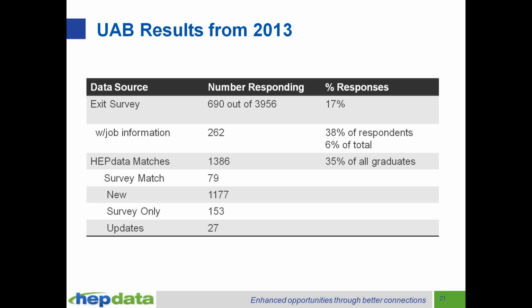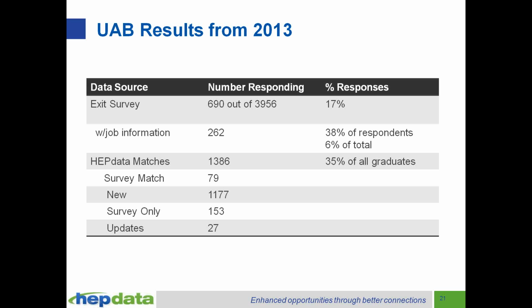Some interesting stats: we were able to match 79% of the jobs to the survey, so what they told us in the survey was correct. We added 1,177 new positions that we weren't able to capture in the survey. There were 153 jobs reported in the survey that we could not find or rematch on LinkedIn.